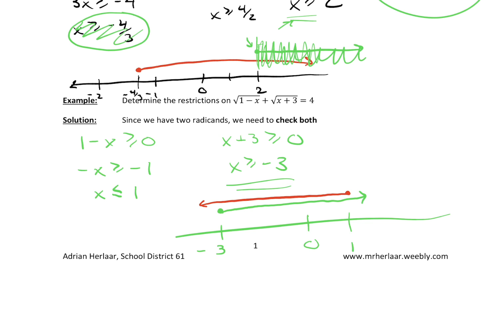So the only region that contains both is the region in between those. So your restriction is between the two of them, okay? X can be everything greater than or equal to negative 3, but only up until positive 1. That's the restriction. We'll talk a lot about this. You'll get lots of practice in class.